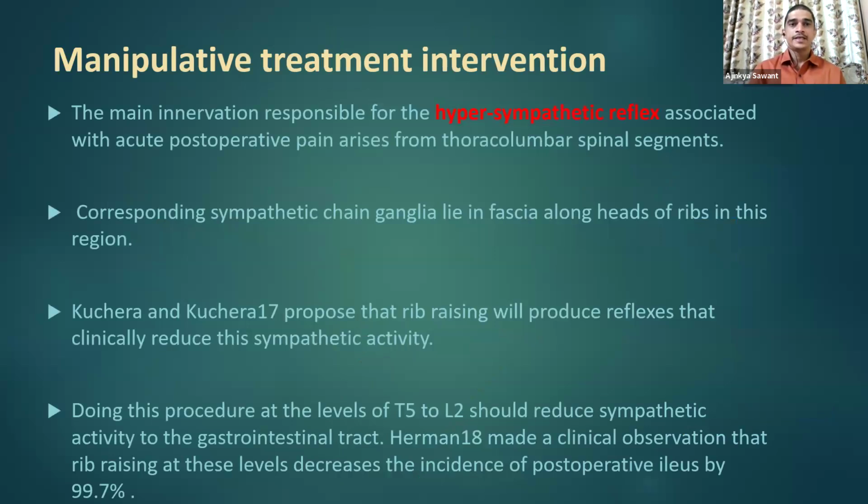The main intervention is aimed at the hypersympathetic reflex associated with acute post-operative pain, which arises from the thoracolumbar spinal segment. Why did we discuss this? Because of the sympathetic reflex. Our sympathetic ganglia are placed near the heads of the ribs bilaterally on the thoracic spine, the thoracolumbar area. So the hypersympathetic reflex associated with acute post-operative pain arises from the thoracolumbar spinal segment.